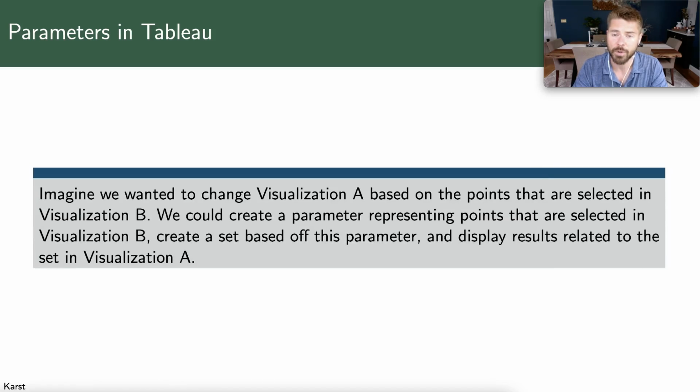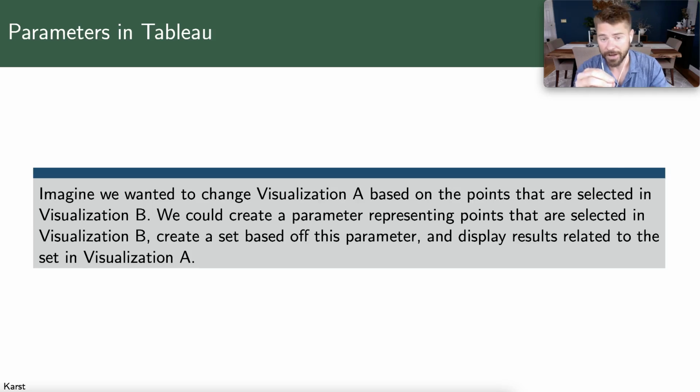Imagine instead, and this is my favorite one, I have two visualizations in a dashboard, and by clicking a data point in visualization A, I want to update something about visualization B. The way those two visualizations are connected is via a parameter. That's honestly why these things are so important, because parameter values are seen equally by every visualization in your workbook.